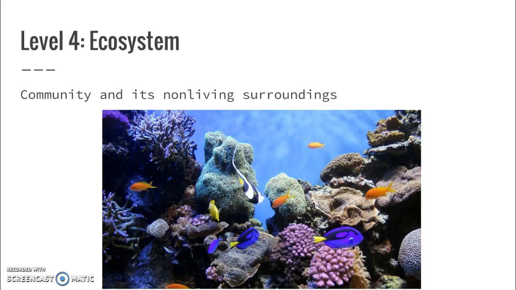So in this picture you can see the different populations of fish, the different communities of fish, and the different populations of coral and seaweed and other plant life under the water. And you're also going to be able to see different kinds of rocks and the water itself as the abiotic factors. So again, all the biotic and abiotic factors working together is going to make your ecosystem.